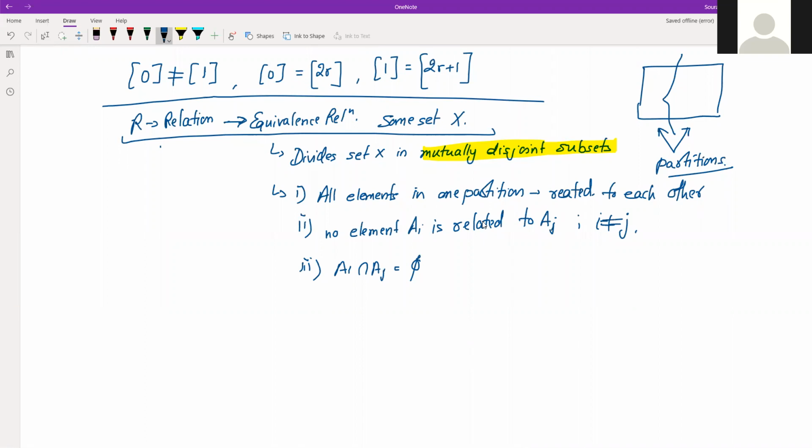And when you combine them, you get your original set, of which these two are the partitions. So we said the equivalence class containing 0 and the equivalence class containing 1.